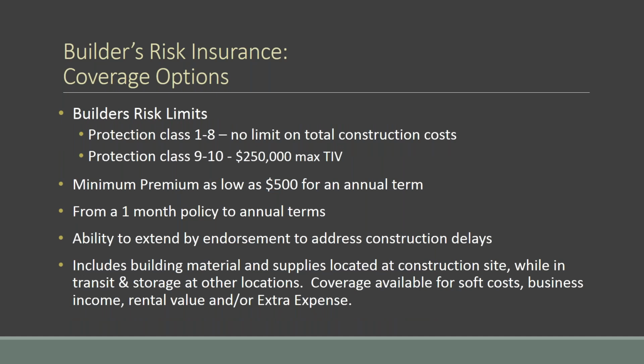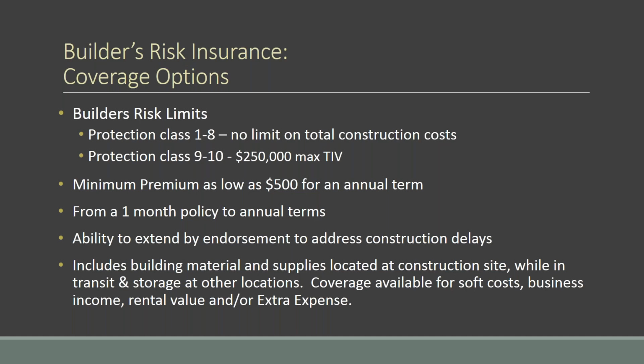For builder's risk limits, protection classes 1 through 8, there really is no limit on the total construction costs. On protection classes 9 through 10, we do have a $250,000 max TIV, but it can be submitted for higher if needed. The minimum premium is as low as $500 for an annual term.